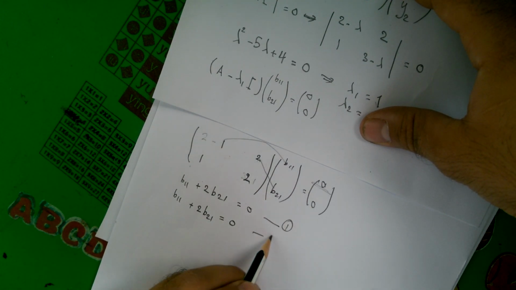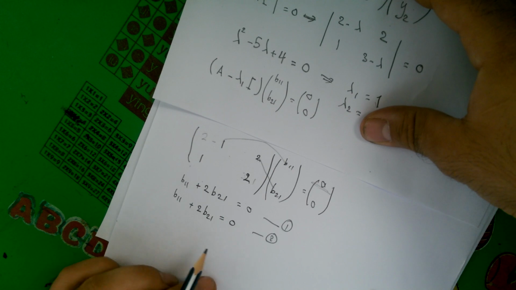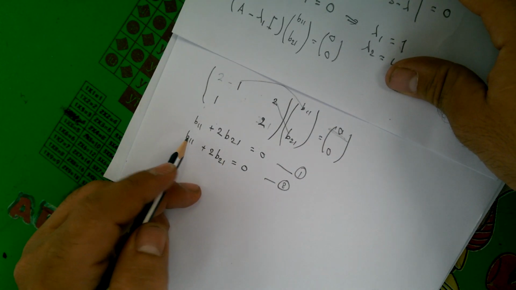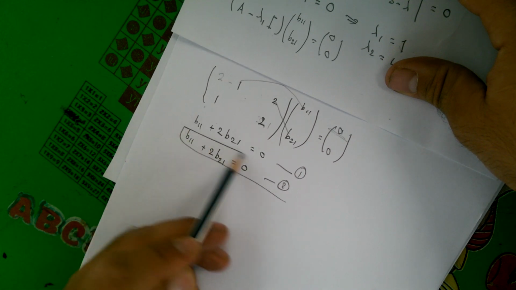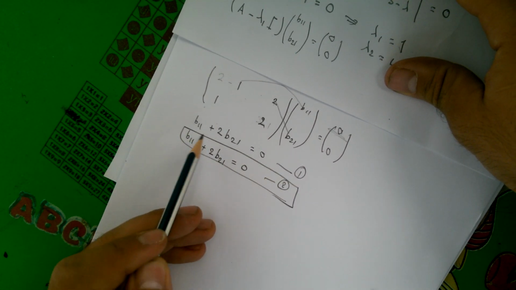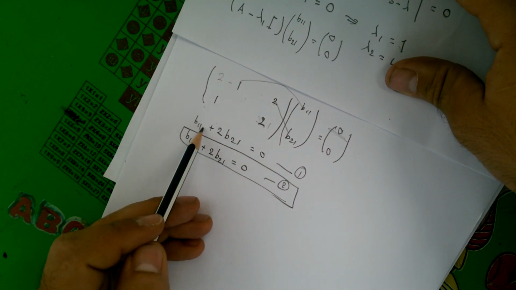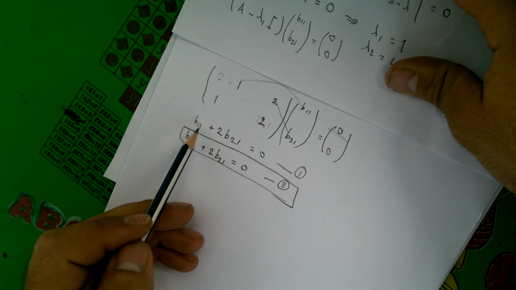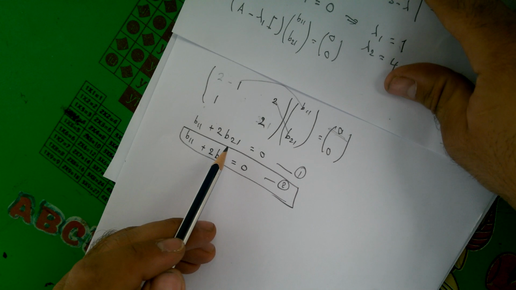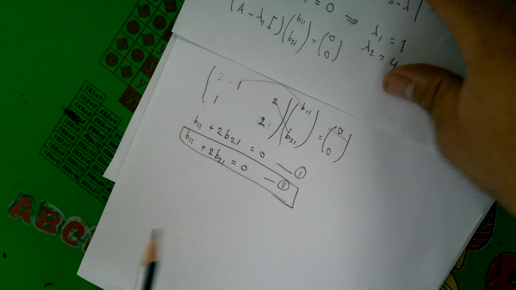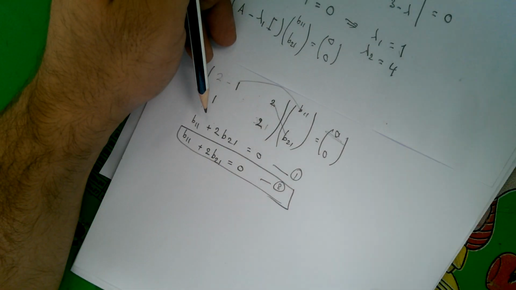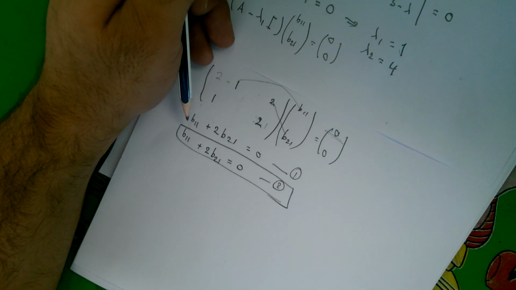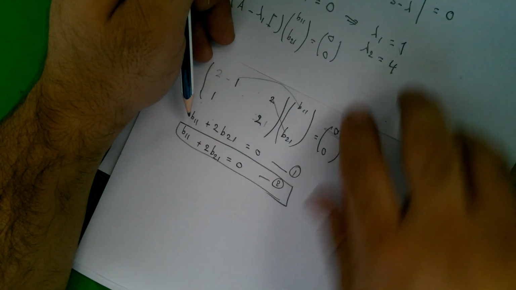It is the first equation, it is the second equation, but the equations are equal. It means we have only one equation. If you have one equation and two variables, it means we have one free variable, and you are free to choose which variable you take as the free variable.